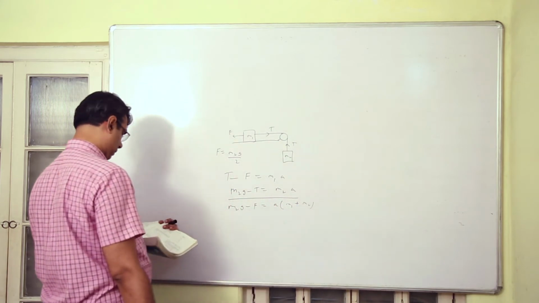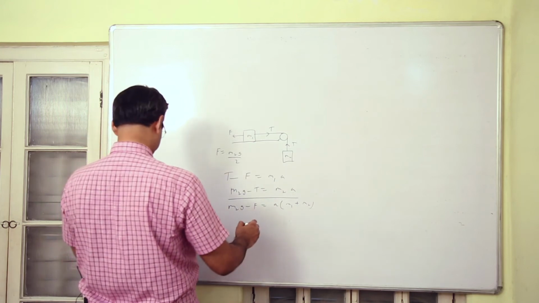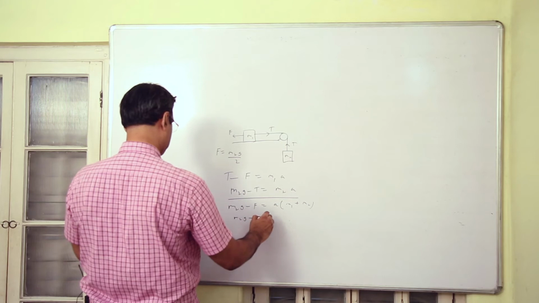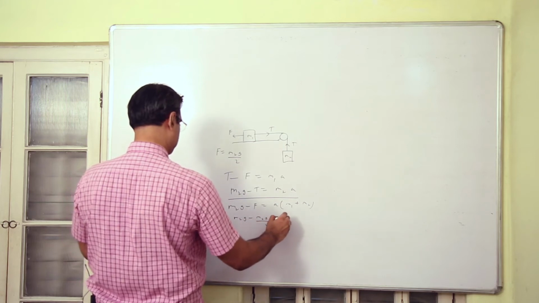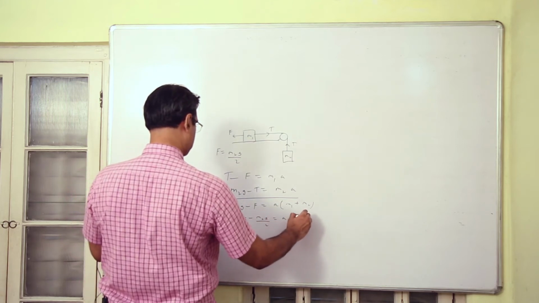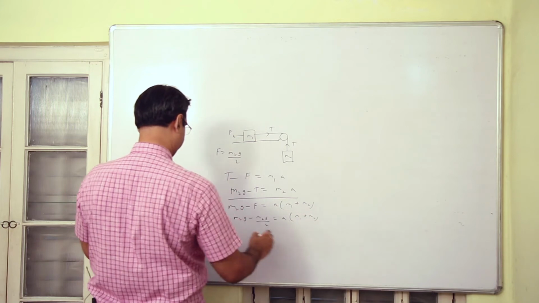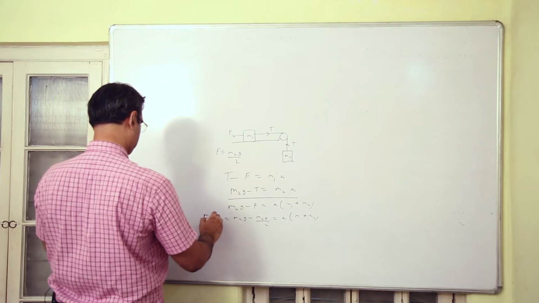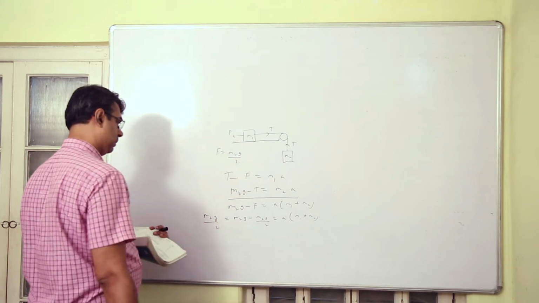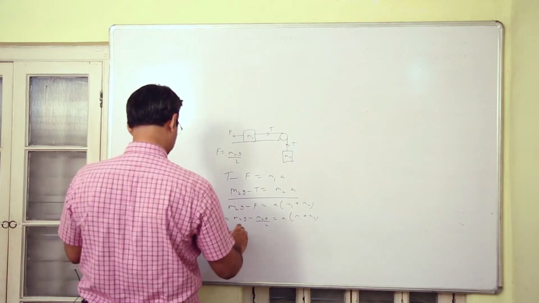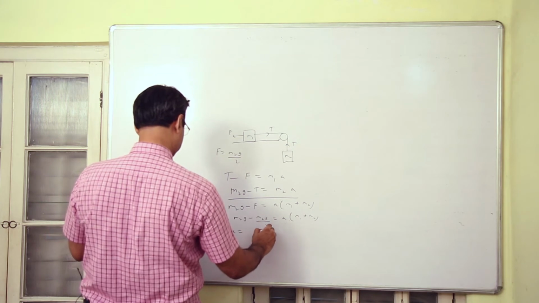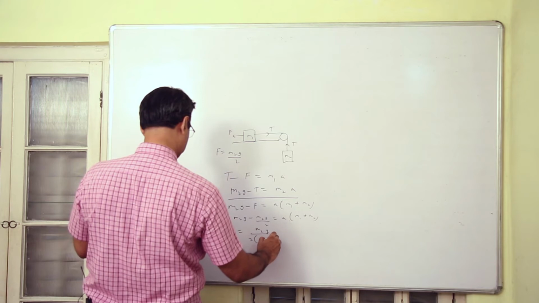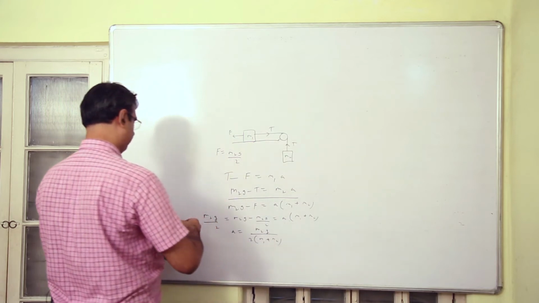So for that you just add the two equations, so m2g minus F is a into (m1 plus m2). So F itself is m2g by 2, so m2g by 2 is a into (m1 plus m2), so a will be m2g by 2 into (m1 plus m2).